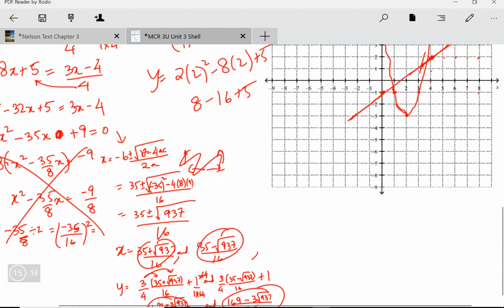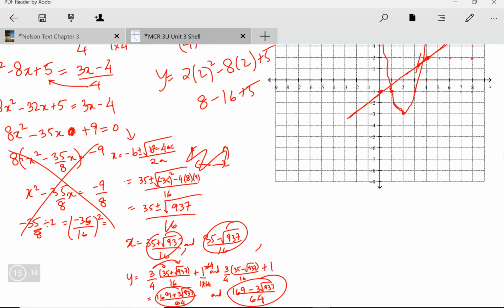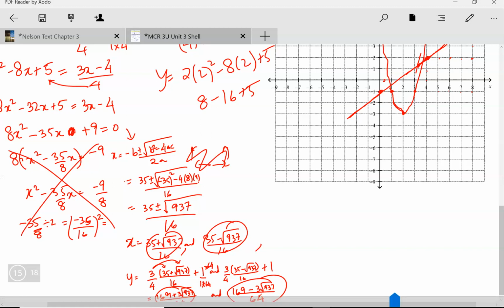I mean, we can kind of see. Okay, what is 35 minus root 937 divided by 16? It is approximately 0.27. So I'm saying it's like that. And my y value should be somewhere around negative 1.